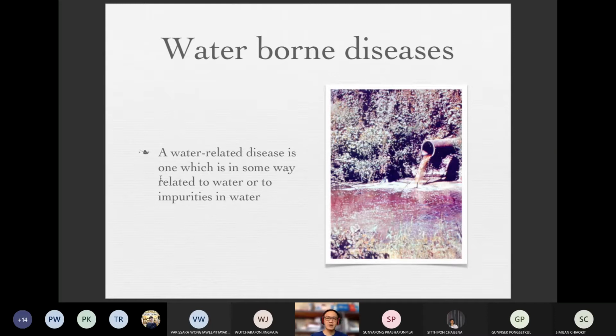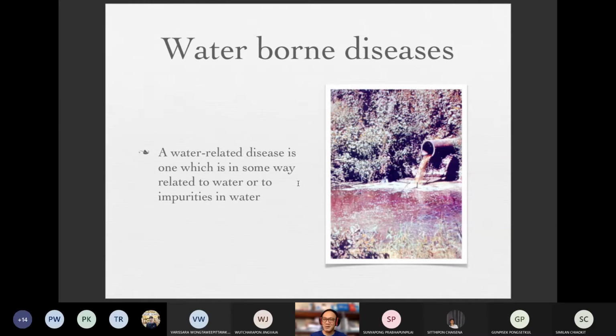If the water gets contaminated with pollutants, it might cause disease. The disease related to water is usually defined as waterborne disease. So basically, waterborne disease is water-related disease, in some way related to water or the impurities in water.